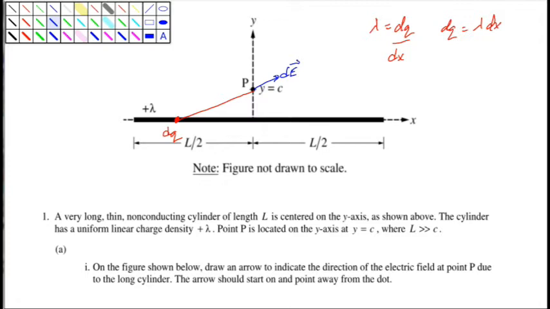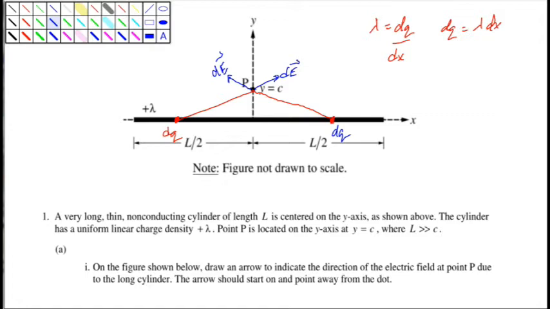We have to consider how this changes as the position varies along the cylinder. So we take another example point here that's going to produce something in this direction, creating another dE based on some dq over here.